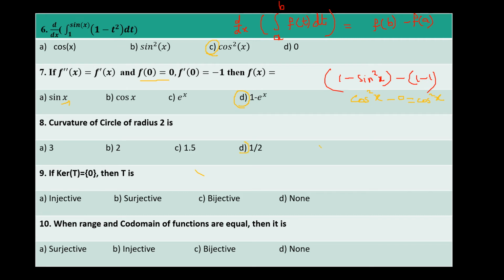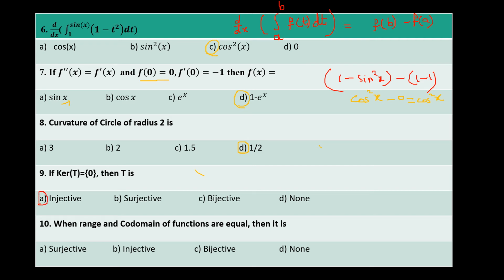So that's answer D. Okay, now this is asking us about a transformation or a mapping whose kernel is 0 only. It means that the points for which it gives 0 is only the one point. This is the definition of an injective function, so that's why the answer is injective here.